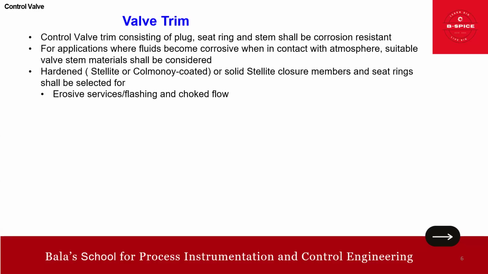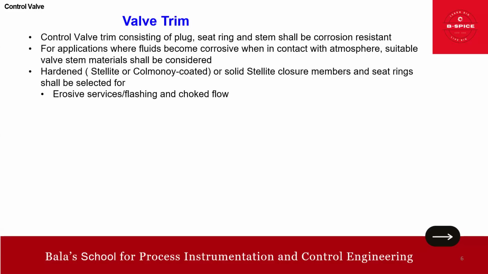Okay, friends, and what is choked flow? Basically, choked flow is otherwise known as critical flow. It takes place in a valve when an increase in pressure drop across the valve no longer has any effect on the flow rate through the valve.